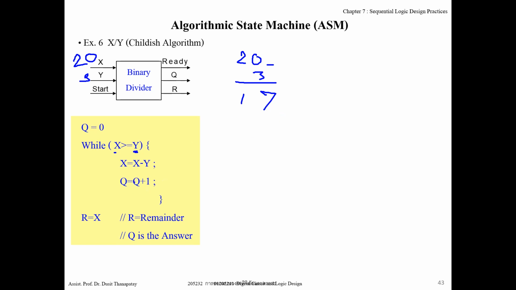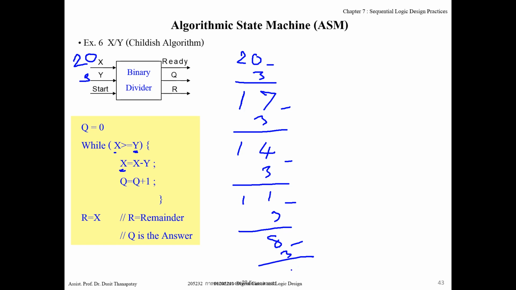And then count up Q. Because X is updated, now X is 17. It's still greater than Y, which is 3. So minus 3, then it becomes 14. Minus 3, 8. Minus 3, it becomes 5. Minus 3 becomes 2.